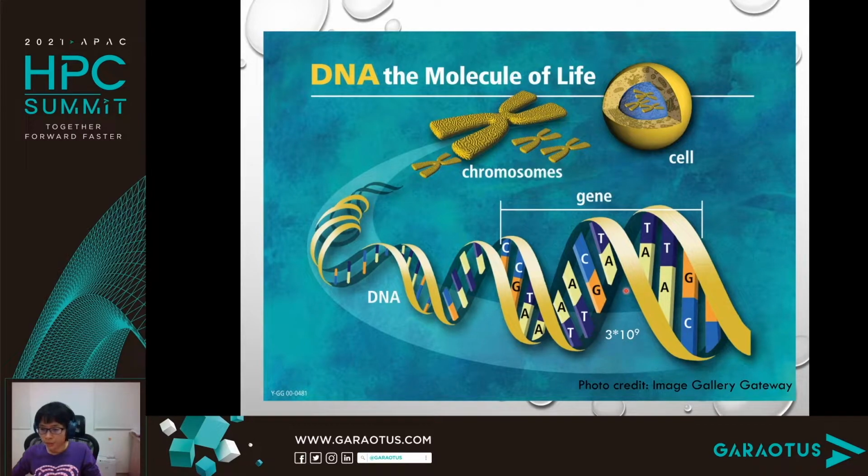The order of these four types of nucleotides decides the phenotype of an organism. Different organisms might have different numbers of nucleotides in their genome. For example, in human, we have 3 billion nucleotides in our genome.